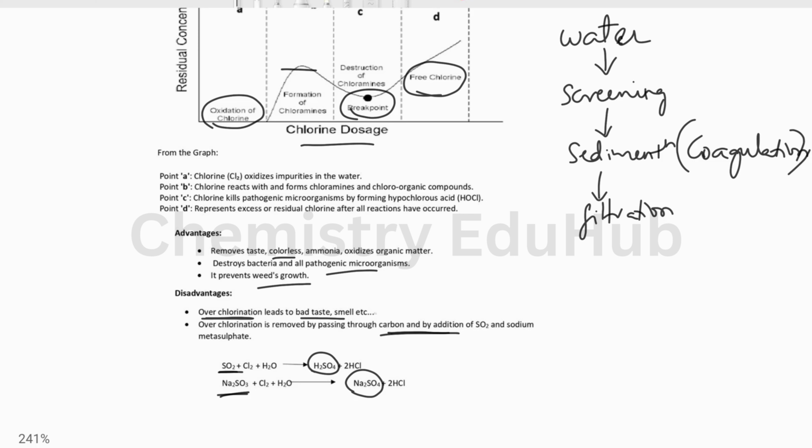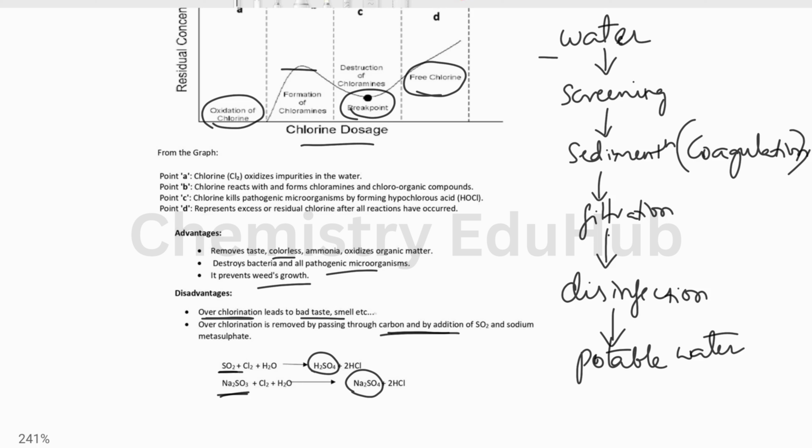Sedimentation and coagulation go side by side, then filtration. Once the water is free from all the impurities, it is passed through disinfection or sterilization using either ozonation or chlorination. Then we get the potable water. These are the various steps involved in the removal of impurities and making the water potable by the municipal corporation.